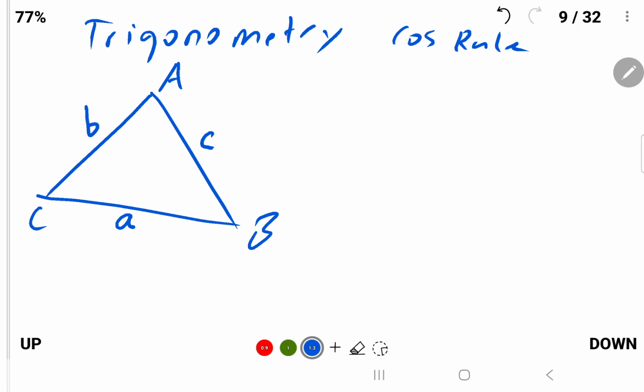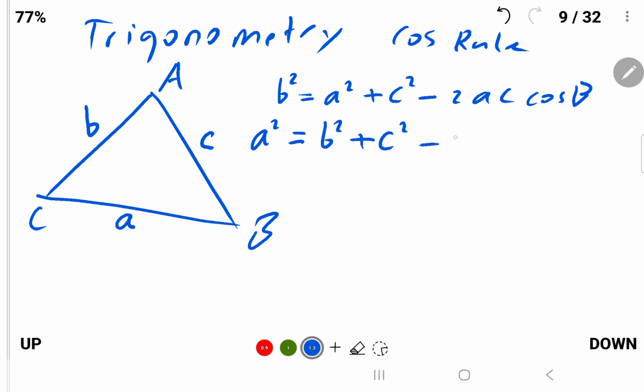Now, the cosine rule is used to calculate one of the sides or one of the angles. So the cosine rule is very easy. It states that if you start with b squared, b squared is equal to a squared plus c squared minus 2ac cosine angle B. And if you start with letter A, you can say a squared is equal to b squared plus c squared minus 2bc cosine angle A, which is the angle between the two sides.